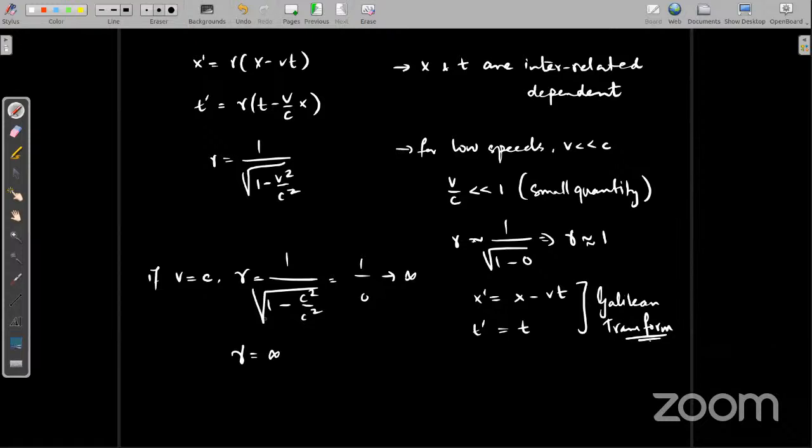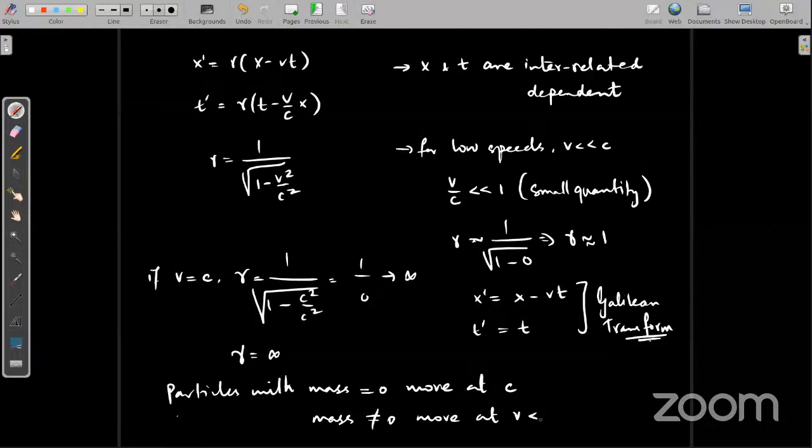They have very negligible mass, but it's still not zero, right? So it's a statement we make: particles with mass equal to 0 move at c, and particles with mass not equal to 0 move at v less than c, always.